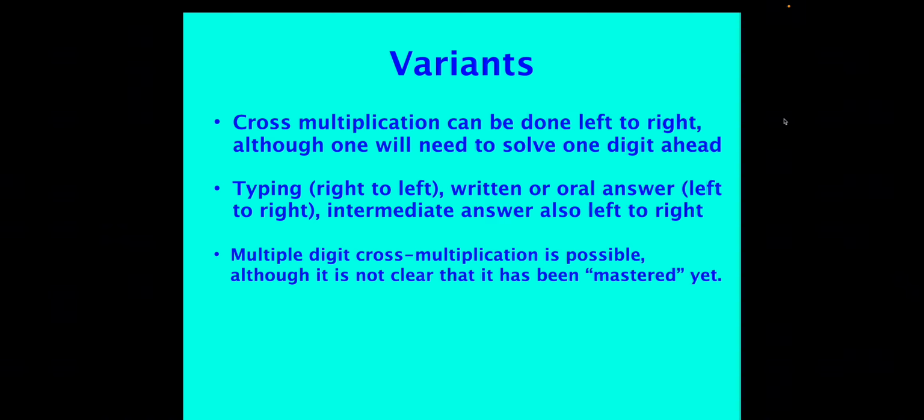I believe that there are matches where Collian uses multi-digit cross multiplication. But as I will talk about more in the comparison video, mastering multi-digit cross multiplication would be a highly effective and valuable approach to doing A times B. It does appear that it would provide a significant advantage over doing single digit, but there are obstacles to mastering it that I will talk about more later.